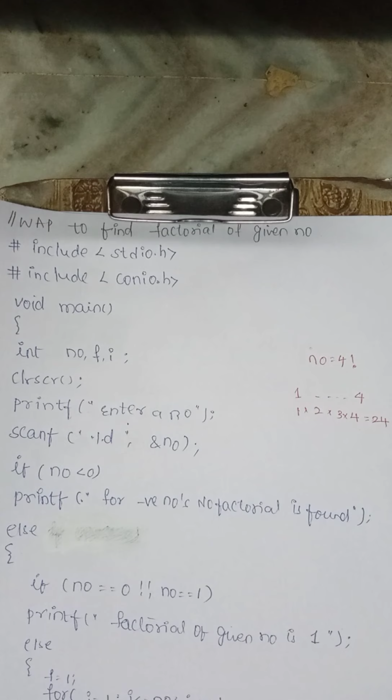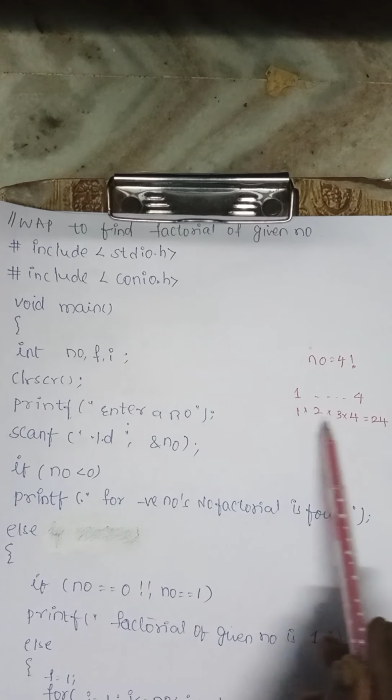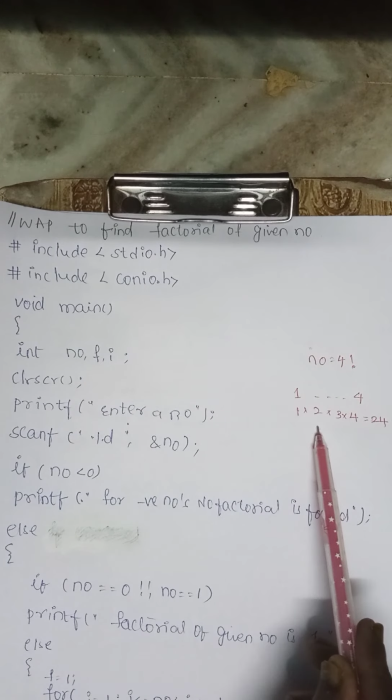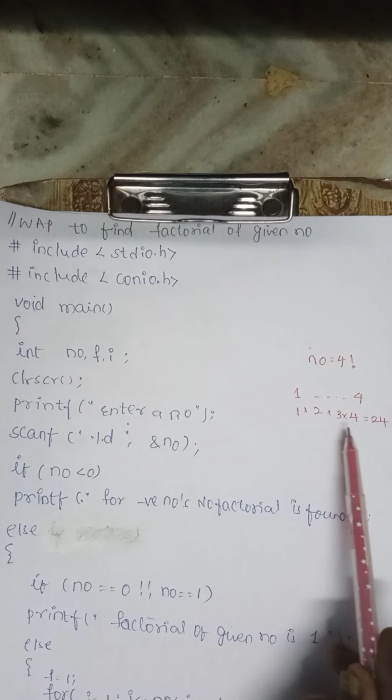Now for every program like the factorial program, prime number program, palindrome program, Armstrong program, first of all we need to understand what the input is, what we have to do on the input, and what the output will be. In this, we need a number as input, and to run the loop, observe here: 1, next number 2, next number 3, next number 4, i plus plus, i plus plus, i plus plus.